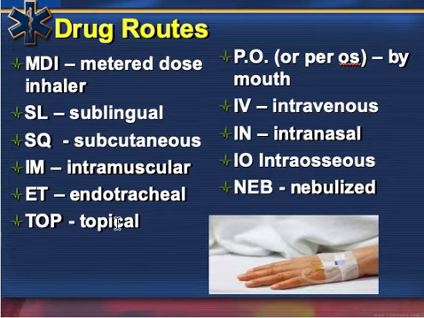TOP refers to topical. PO, otherwise known as per os, so you may see it written either way, means by mouth. IV, intravenous. IN, intranasal. IO, intraosseous. And NEB refers to nebulized medication.